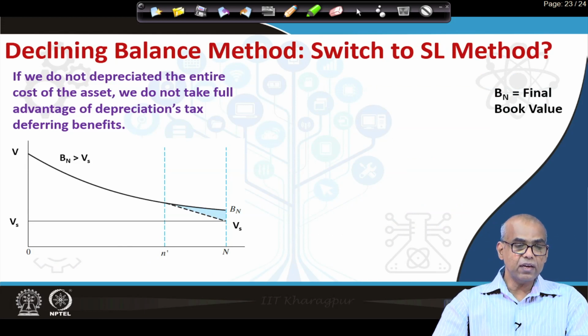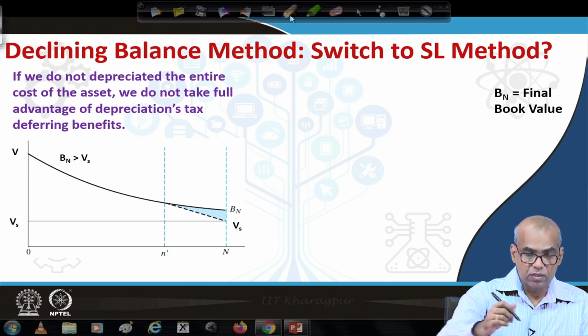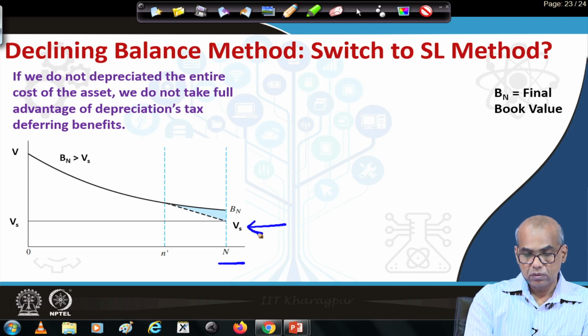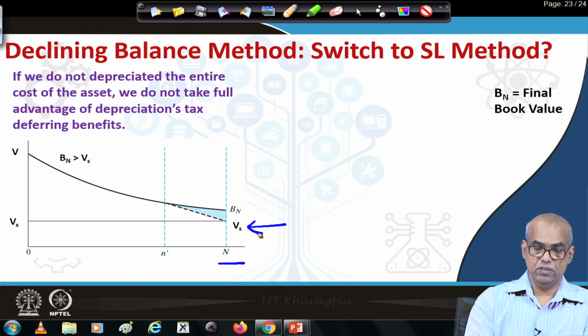If you do not depreciate the entire cost of the asset, we do not take full advantage of depreciation tax deferring benefits. So, here the book value at the end of nth year, which is the useful life, is greater than the salvage value. So, this is the salvage value. So, depreciation is not coming up to Vs. So, you are not going to take the full advantage of depreciation's tax deferring benefits.